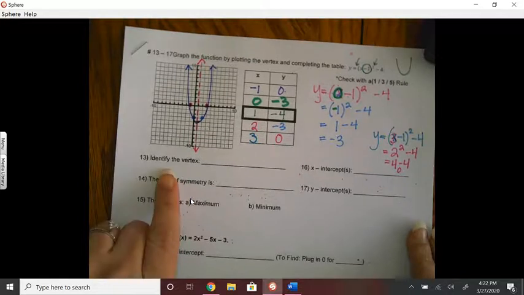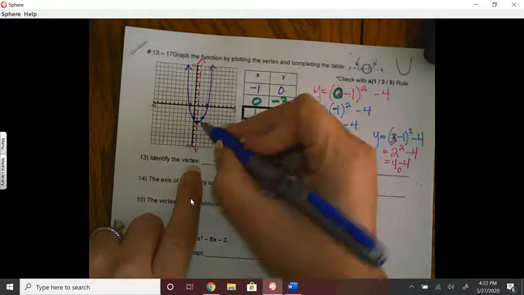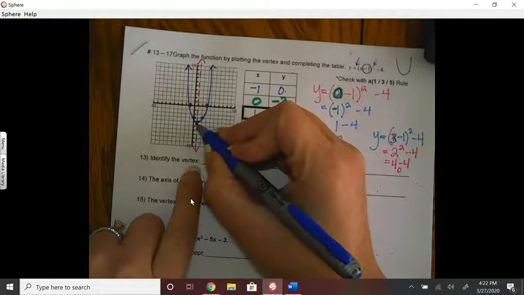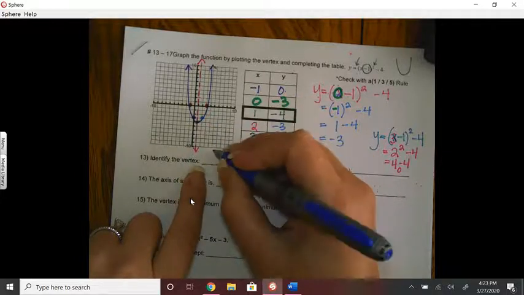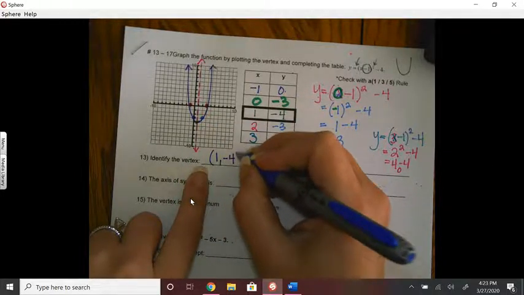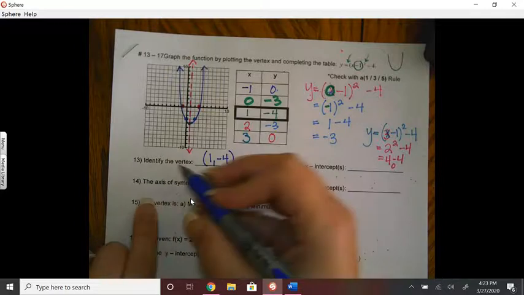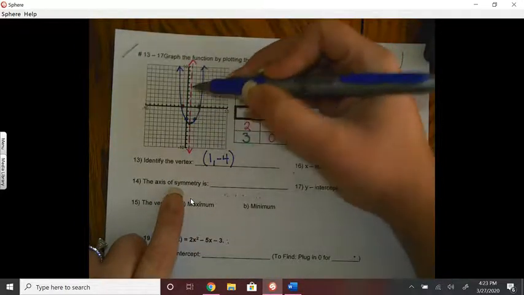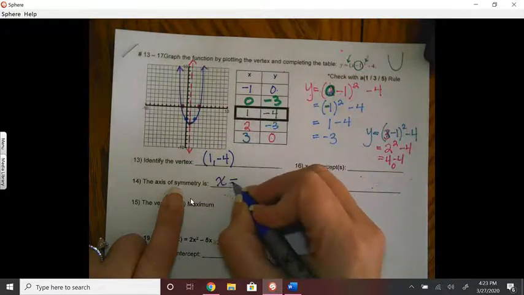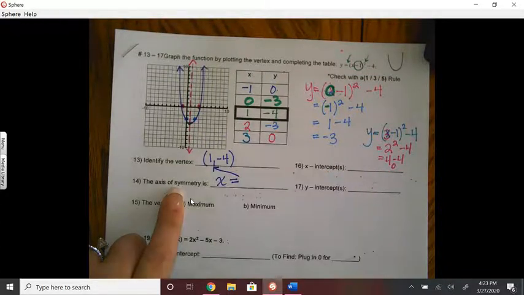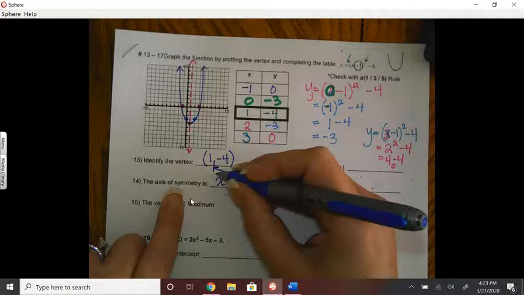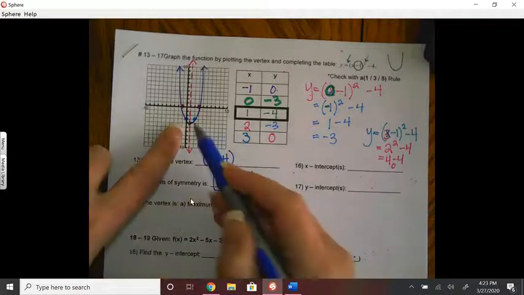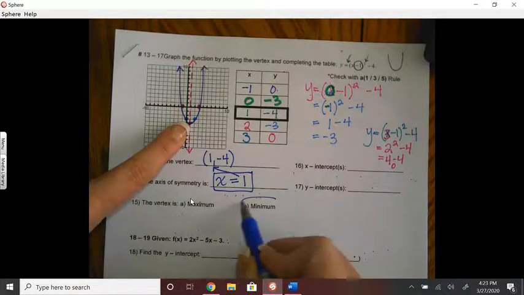Then it says identify the vertex. Again, the vertex in this case is the very bottom of the graph. It's the minimum. So it's at 1, -4. And then the axis of symmetry is the equation of this vertical line right here. It's always x equals whatever the vertex x value is. So it's going to be x equals 1. And it's the very bottom of the graph, so it's the minimum.